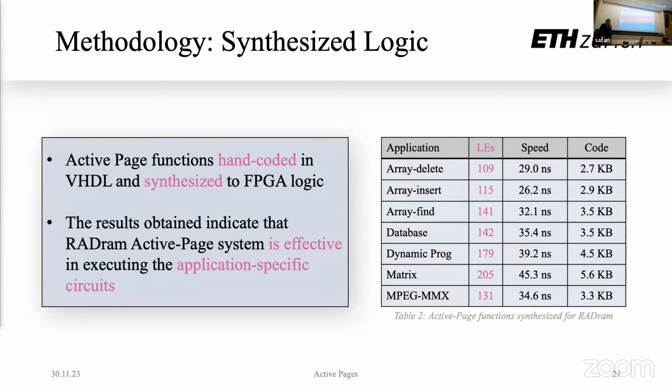The key takeaway is that all of the applications can be done using the RDRAM system, since, as you can see, the number of LEs used for each design is much lower than the 256 LEs we assumed at the beginning.